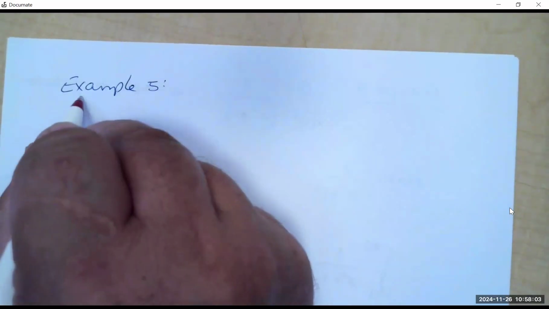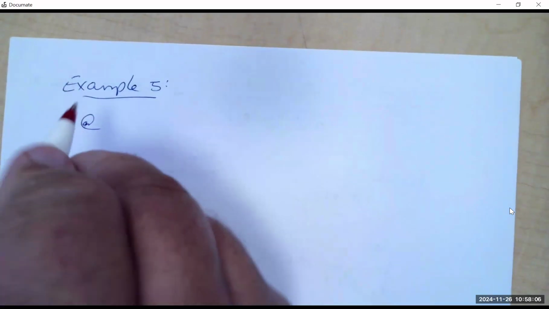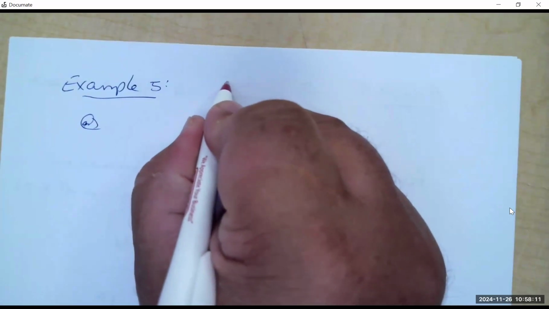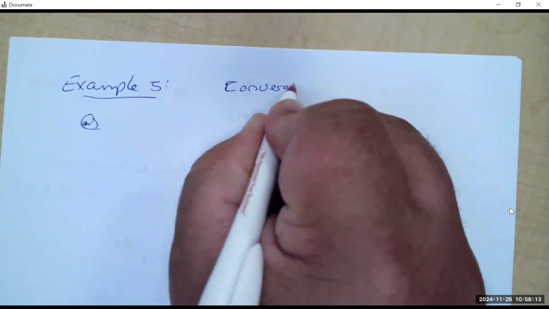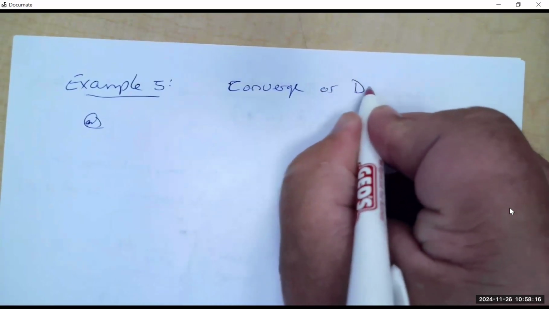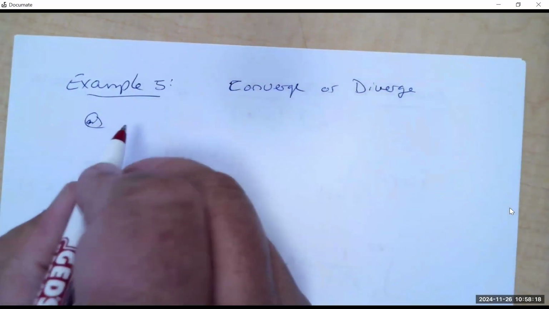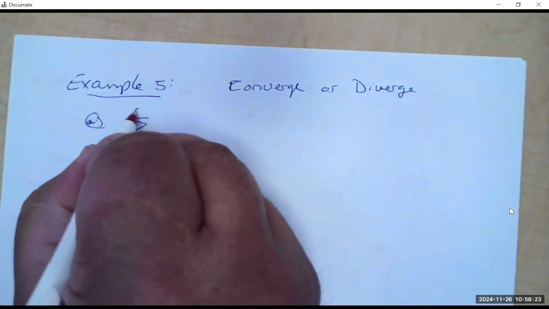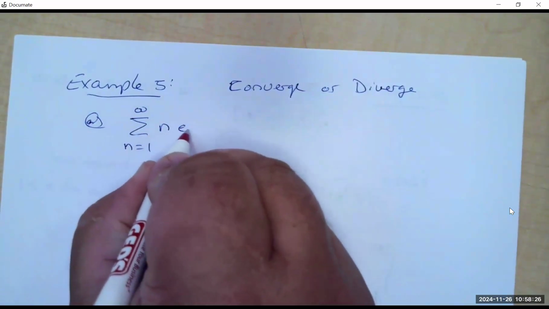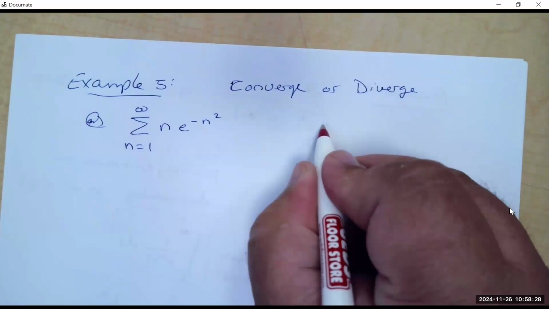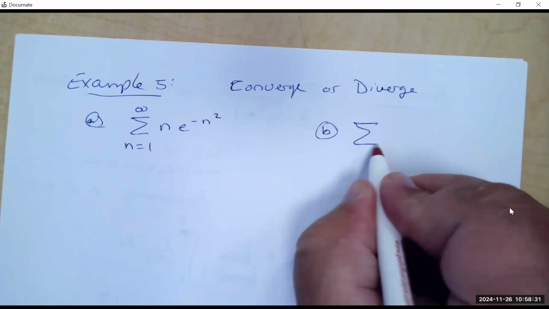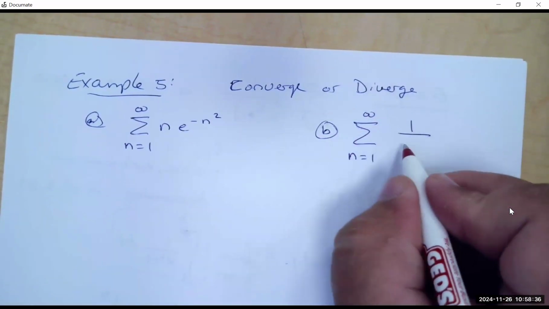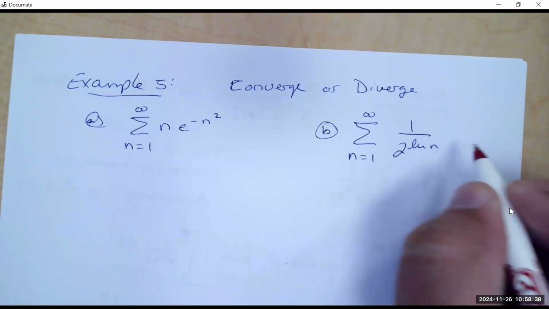Example 5. Determine the convergence or divergence of the summation from n equals 1 to infinity of n e to the negative n squared, and the summation from n equals 1 to infinity of 1 over 2 natural log of n.